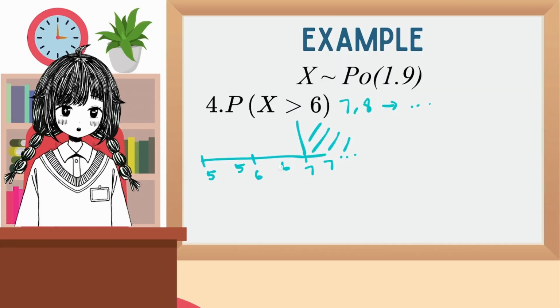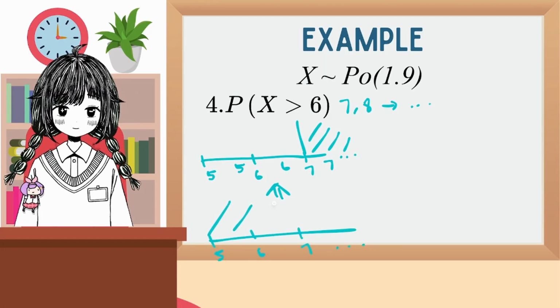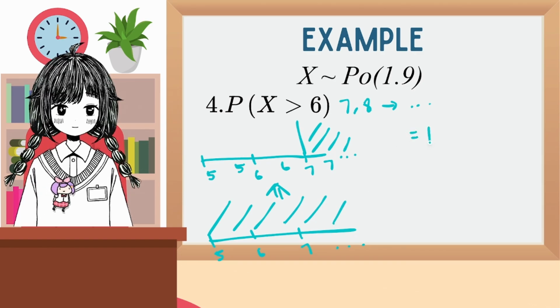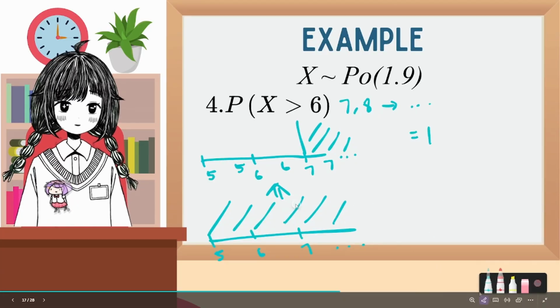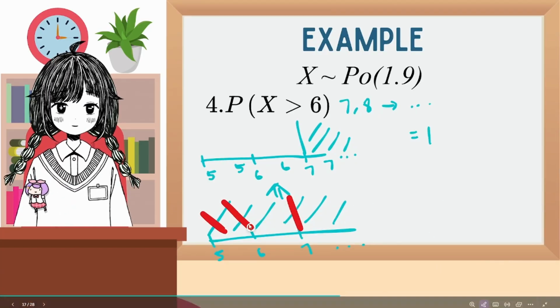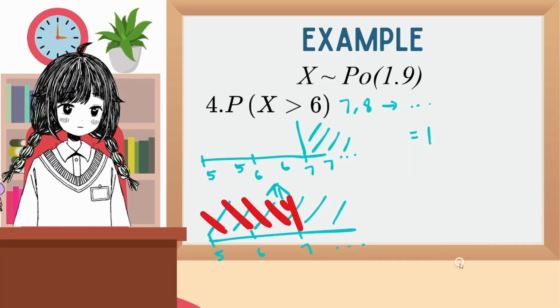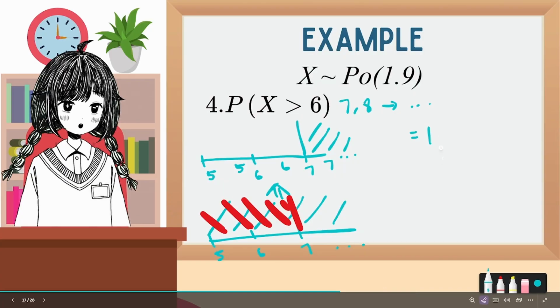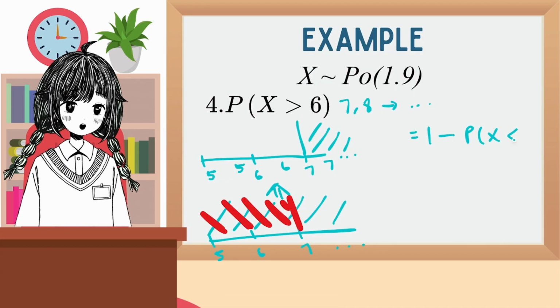So to get this, we take the whole one and then remove the under 7. So it will become 1 minus P(X ≤ 6).